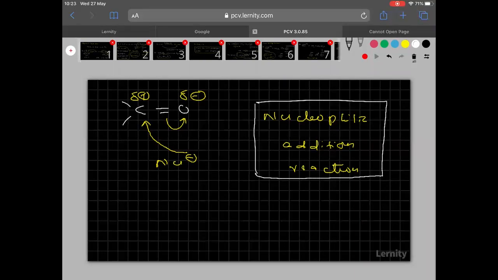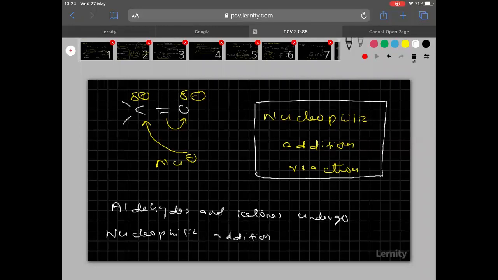Hope it is clear, everyone. Remember, everyone, aldehydes and ketones undergo nucleophilic addition reactions.